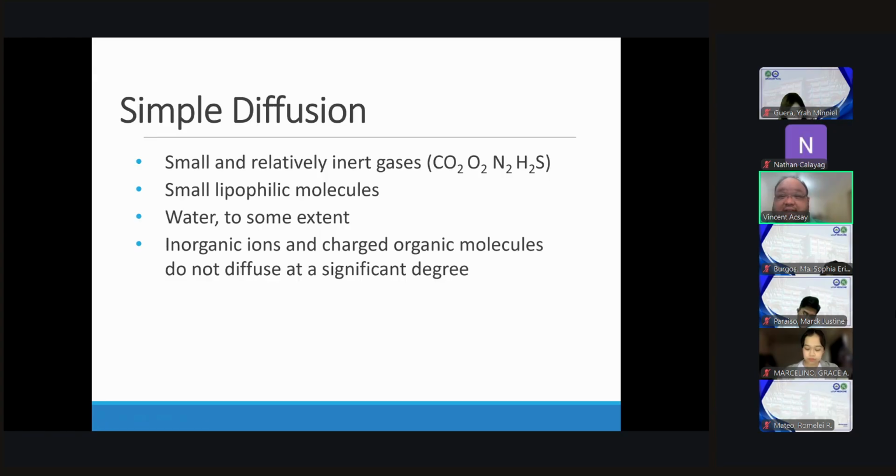Amino acids that have charge. Your glutamic acid, your positive and negative amino acids. They are charged organic molecules, but they cannot diffuse into the cell.